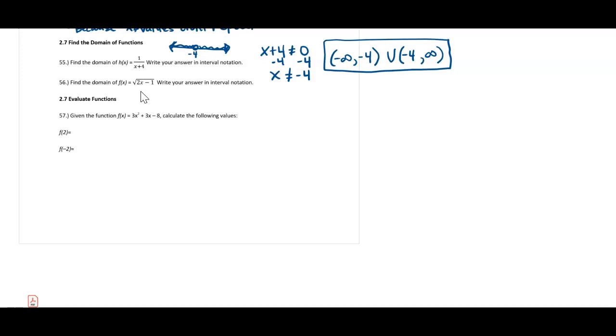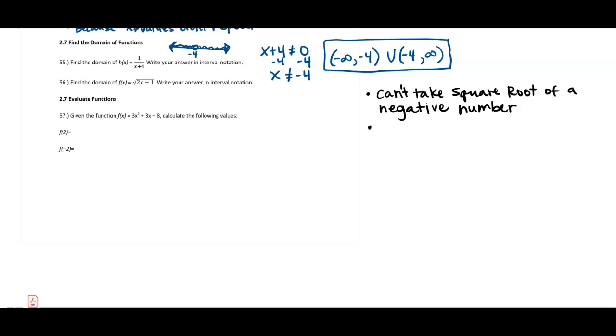Okay, on 56, now there's one other type that we talked about. What if we have square roots? Well, again, remember with square roots, we can't take the square root of a negative number. So that means that the stuff inside the square root has to be positive.